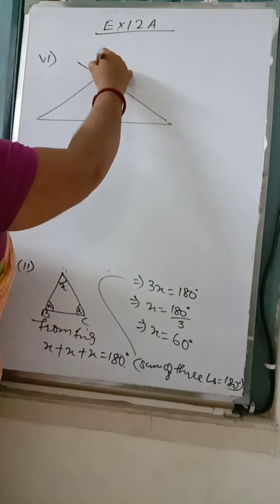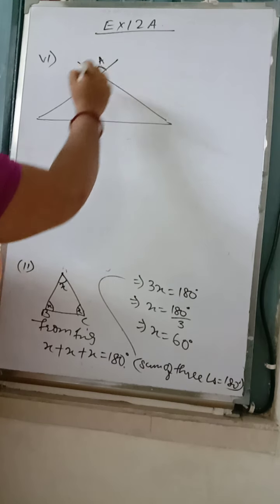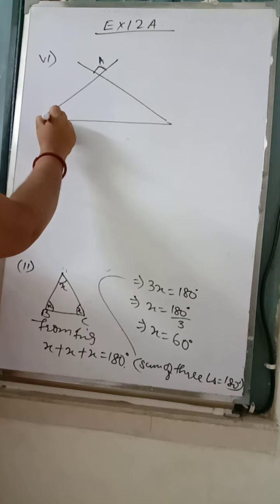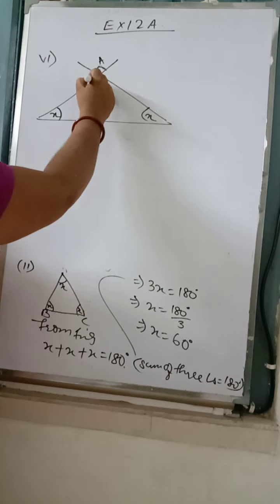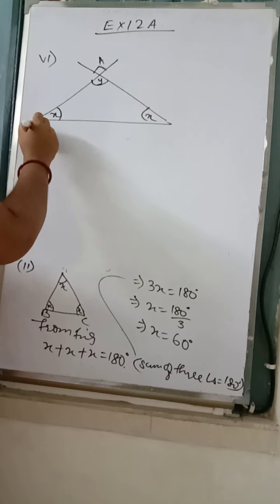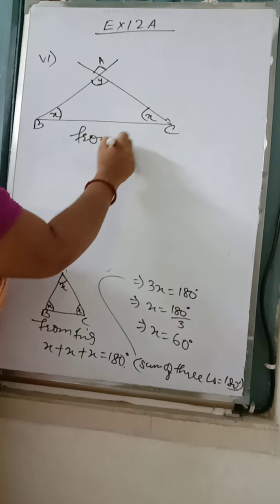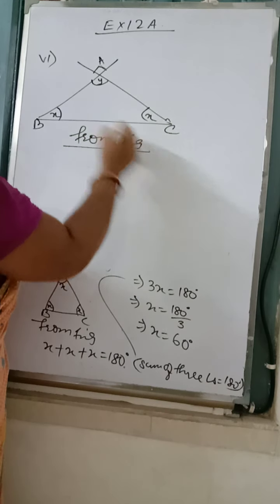This is given A, and like this a symbol is made. This is X, this is X, and this is Y. A, B, C.